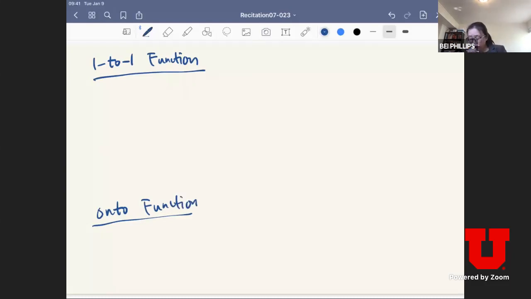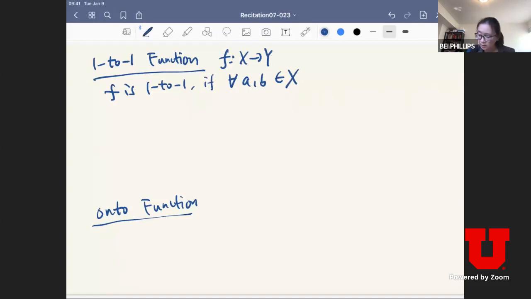So a 1-to-1 function, by definition: if my function f goes from X to Y, where X is the domain and Y is the codomain, then f is 1-to-1 if for all elements a, b in the domain, if f(a) equals f(b) implies a equals b. Okay, so that is the definition.